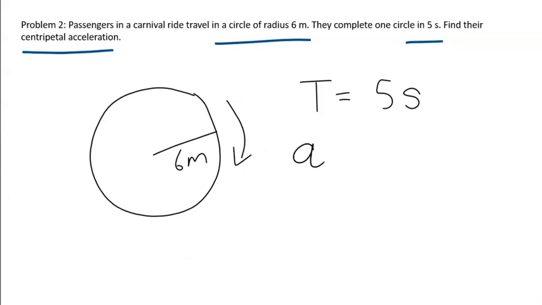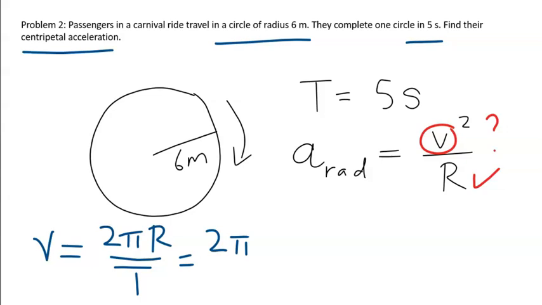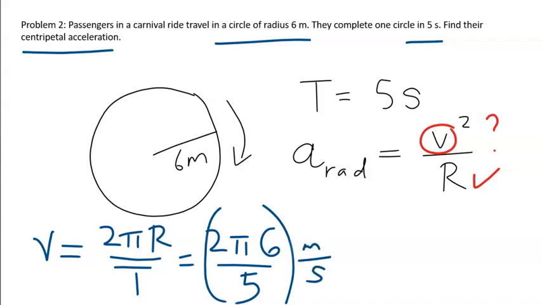Now, since the centripetal acceleration equation is given by the square of that speed over the radius, now we know what this radius is, it's given as 6, but we don't know what v is, but we can compute that. Now v, if you remember, is given by the circumference of that circle divided by the period, the time it takes to complete one complete circle. So since the radius is known, radius is 6, time is 5, this is the constant speed.